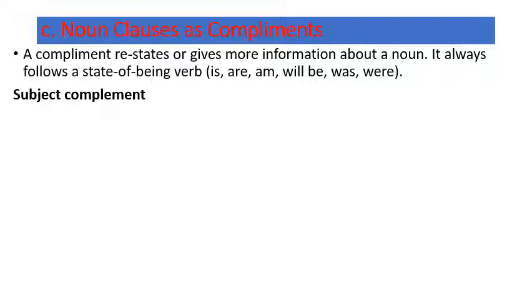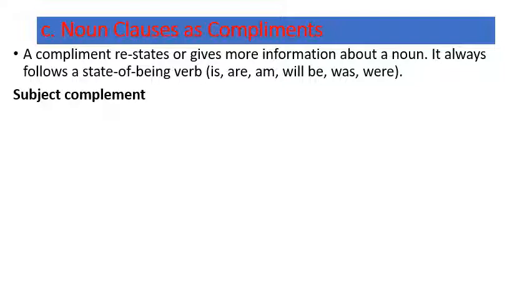Now, the third place is noun clause as complement. When it comes as a complement, it restates or gives more information about another noun. This is what we call a complement. There are two types: either subject complement or object complement.